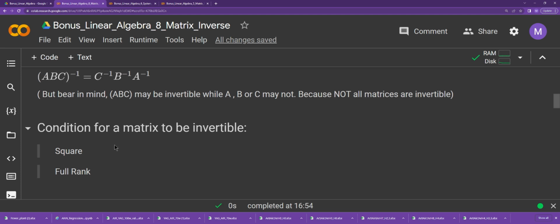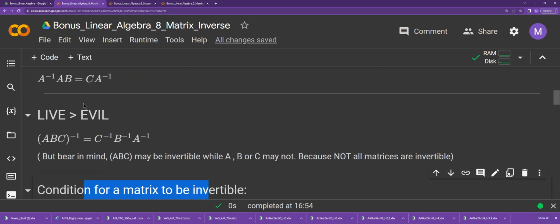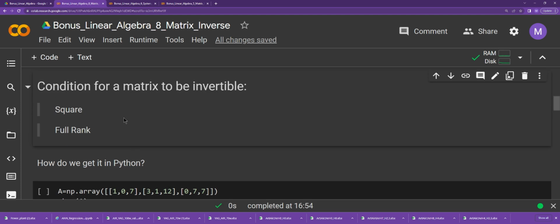They are only invertible if they are square and if they are full rank. Full rank means not singular matrices, matrices whose columns are linearly independent. So very important again. Those are the important points we just covered. Just bear that in mind.